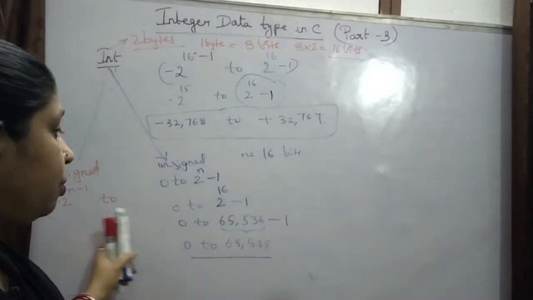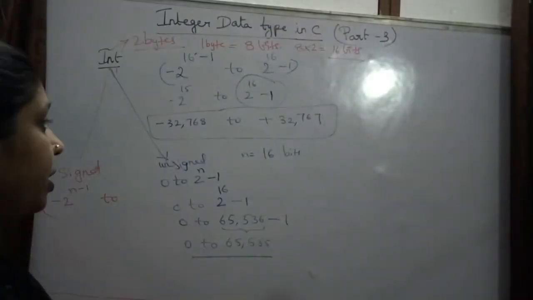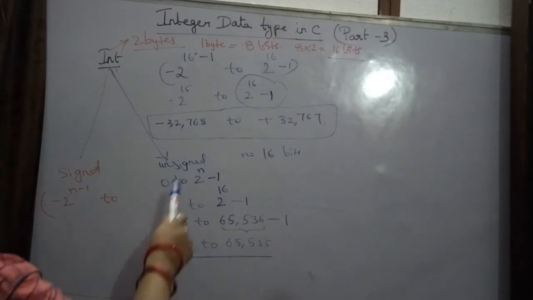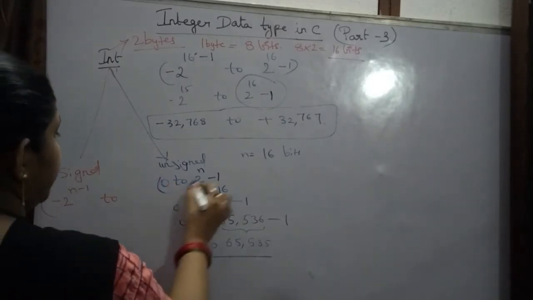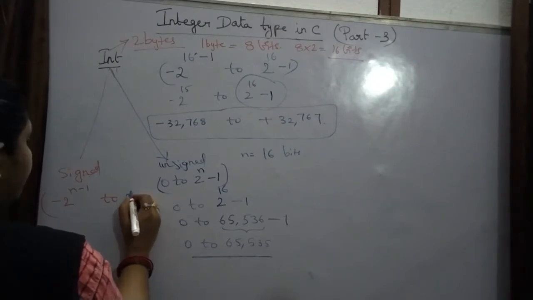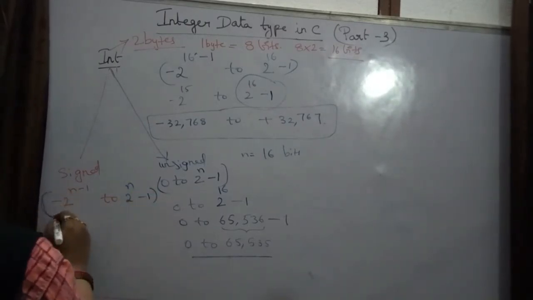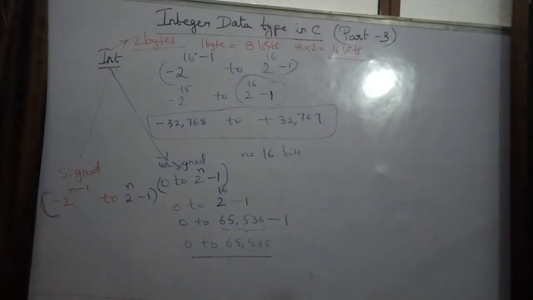You are going to find the range of the values with these formulas. With these formulas you can find it. The formula for this is this, and for this one it is 2 to the power of n minus 1, like this.